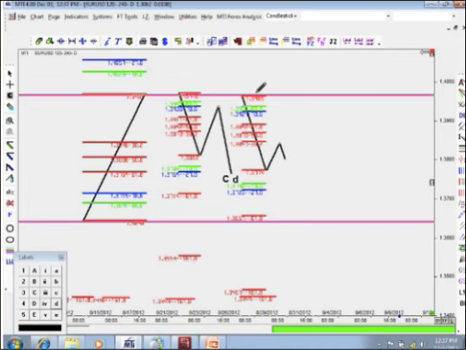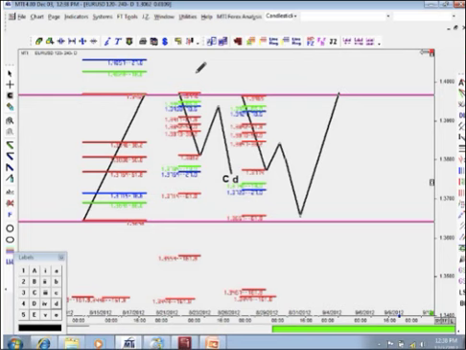But if this high isn't a D on a larger time frame, then this probably will just come down right to there. It'll just do a deep, deep, deep C and then turn around and go there, because the smaller time frame is going to be pushed in the direction of the larger time frame. Does that make sense? Okay.